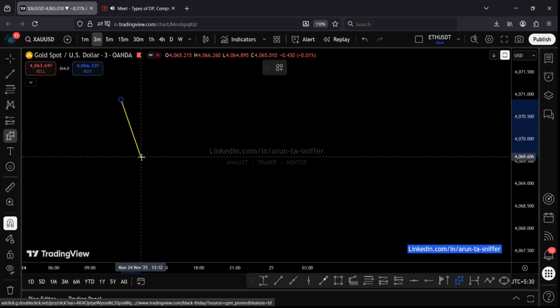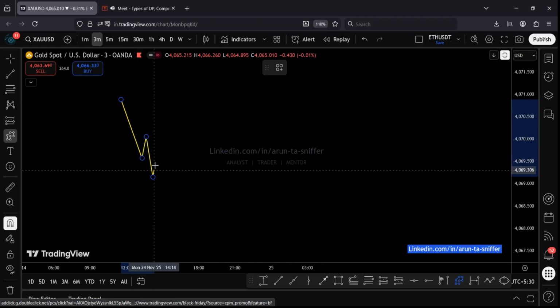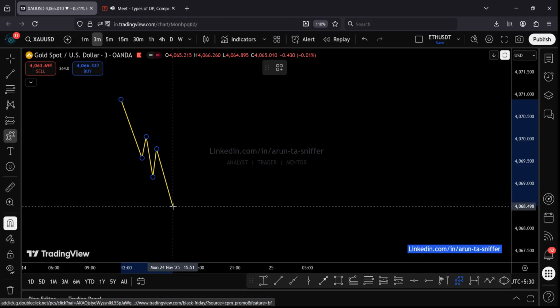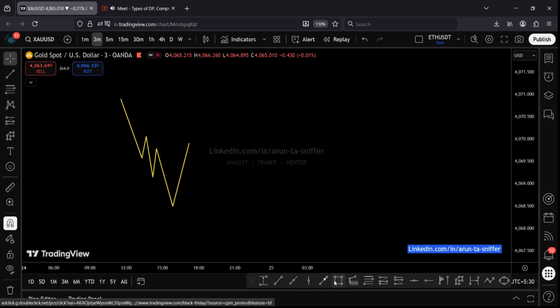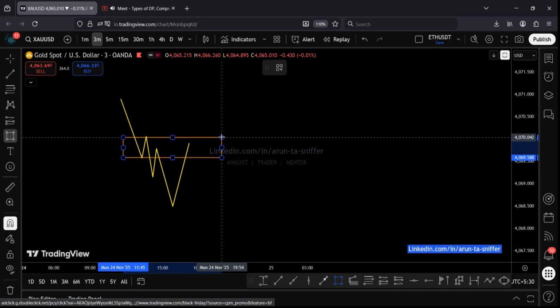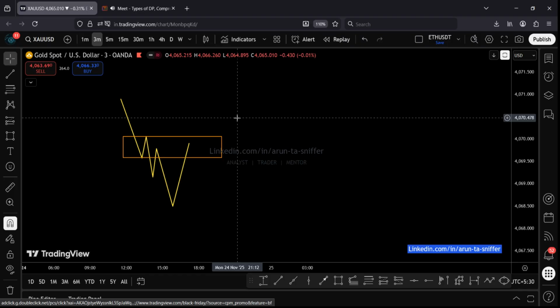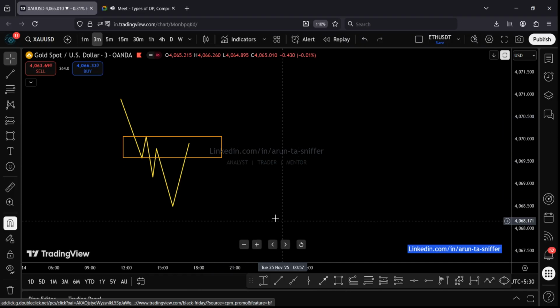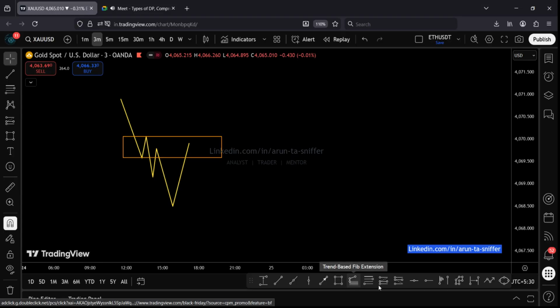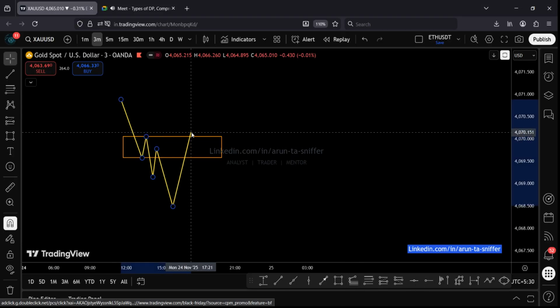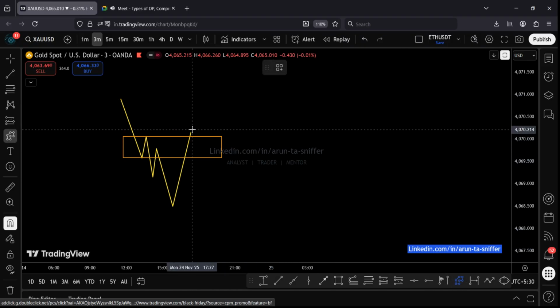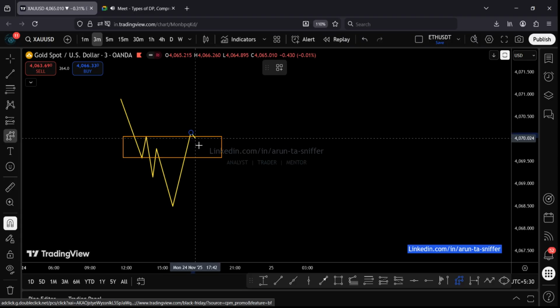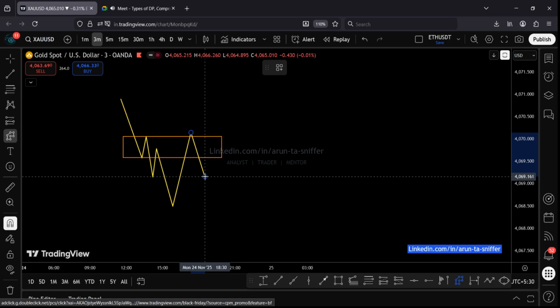Suppose like this one, what we have here is FL, which holds the price down, right? And what happens, price engulfs this, and what may happen, price comes down to this LSK.